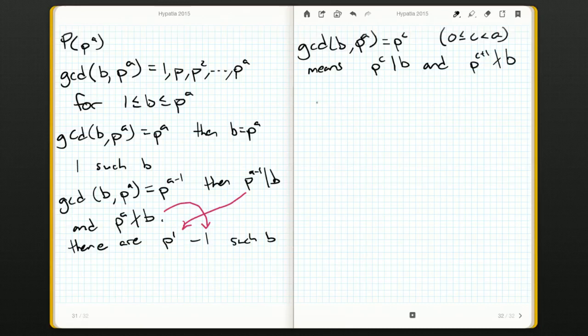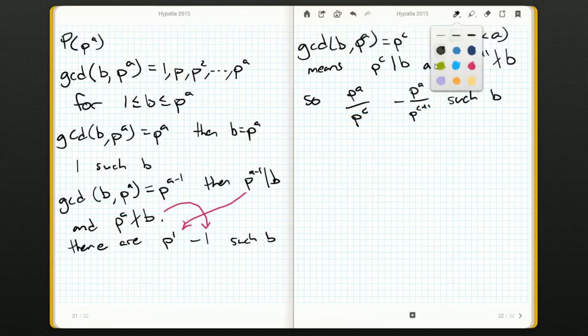Well, this condition here, how many multiples of p to the c are there from 1 to p to the a? Well, p to the a over p to the c, and then p to the a over p to the c plus 1. So that's how many b's give us a greatest common divisor of p to the c.